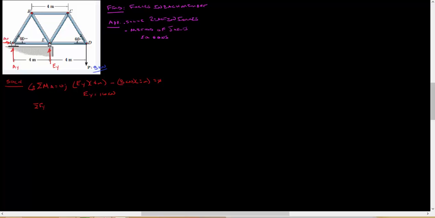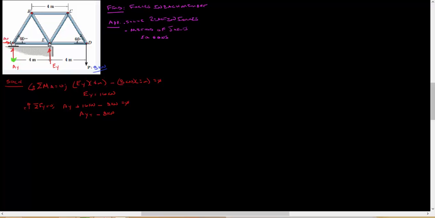Now I can sum my forces in the Y, and I have AY plus 16 kilonewtons minus 8 kilonewtons is equal to 0. So here we get AY is equal to negative 8 kilonewtons. So what does that mean? Well, what that actually means is that this force is actually going down.